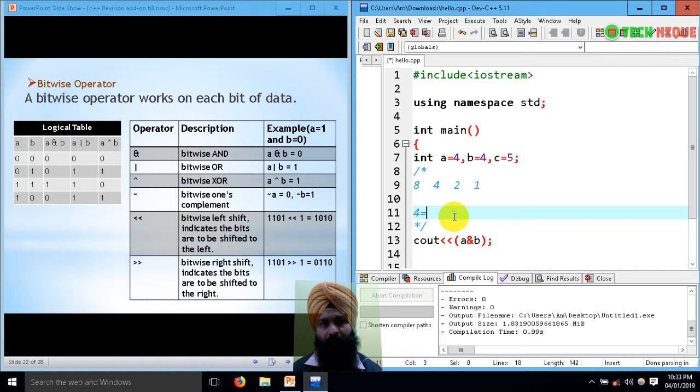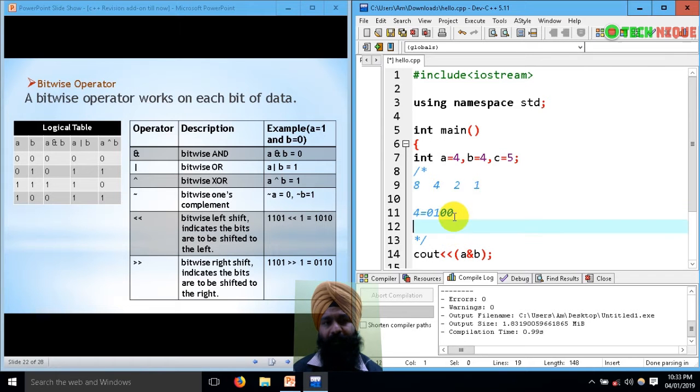So the binary equivalent of 4 is 0 1 0 0. The binary equivalent of 5 we can calculate in similar fashion, that is 4 plus 1, so these two values are true, and it becomes 0 1 0 1.